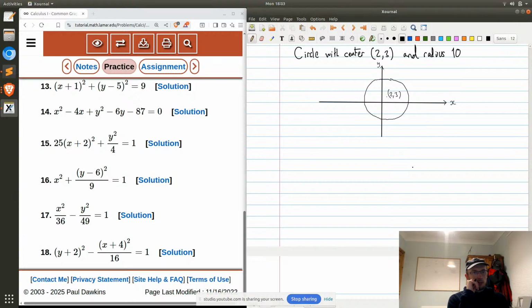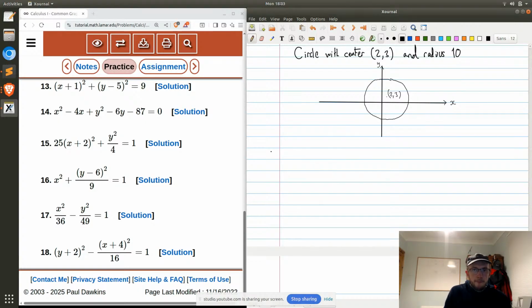But how to handle this 25 business? View it as if it's being divided by 1/25, which is a square of 1/5.